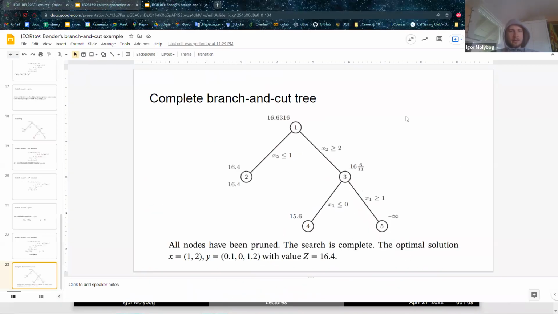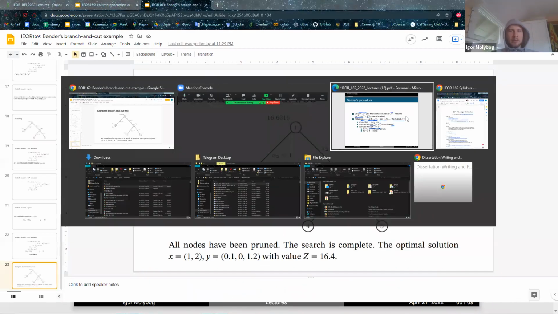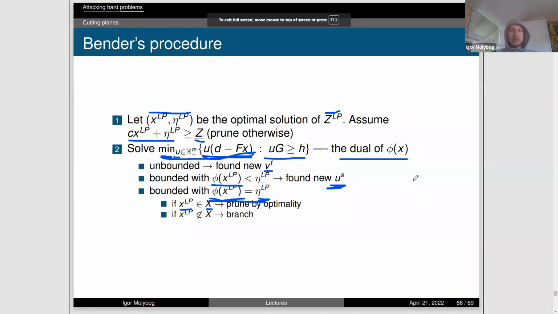So going from this example, I would like to come back to the original algorithm and say where exactly we have used which case. We have found twice this problem being unbounded, and we have found a new extreme ray twice.